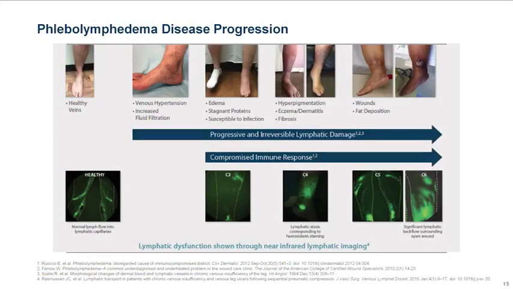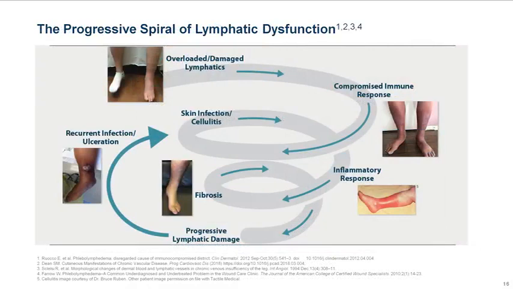Phlebolymphedema disease progression is again now recognized both in near-infrared imaging, which we can correlate with clinical and physical findings, and has a significant impact on how we now should treat patients with this recognition. This slide demonstrates the progressive spiral of lymphatic dysfunction.